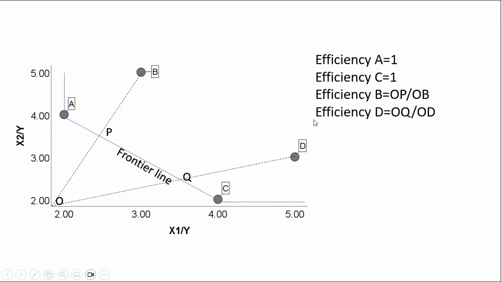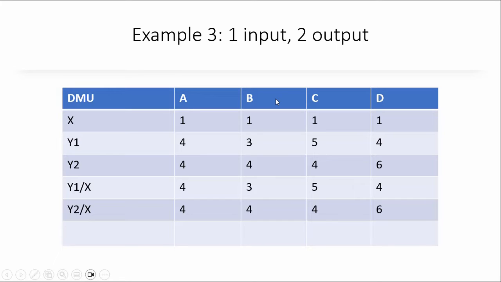A and C have efficiency of 1, but for B we can calculate by OP divided by OB. D also, we can calculate efficiency by OK divided by OD. We have another example using one input and two outputs.